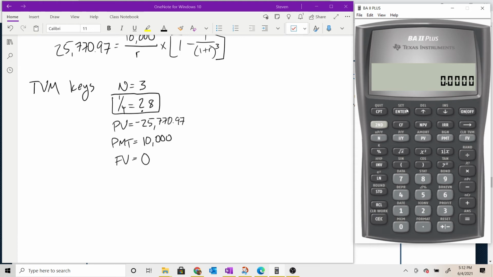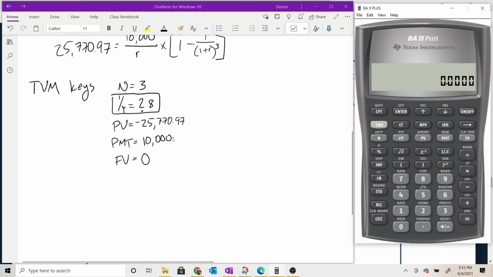All right, so in order to get those signs right, what's positive and what's negative, what you want to do is adopt a perspective to track the cash flows from, and then be consistent throughout the problem. The way I've entered it, we're using my pocket as the investor as the reference point. So the $25,000 is a cash outflow up front because I pay it, and then the $10,000 is a cash inflow because I'm going to receive it.